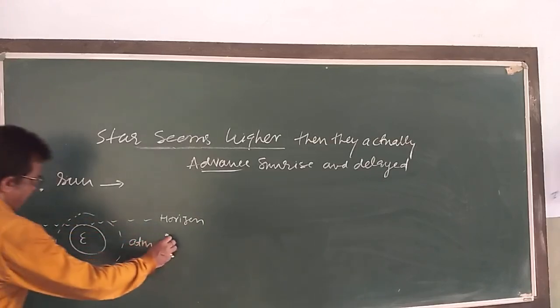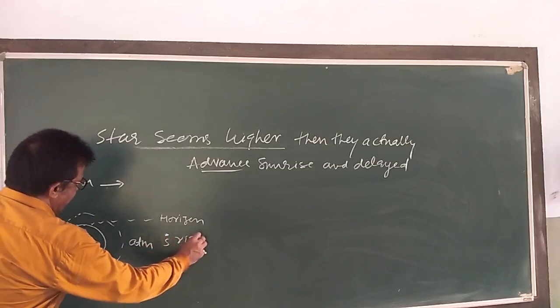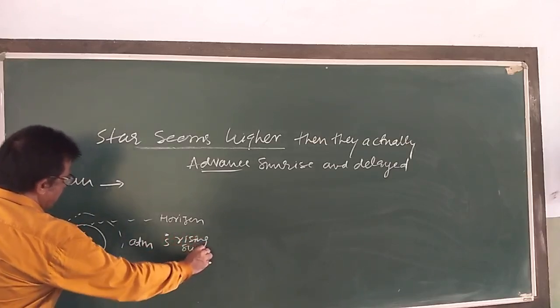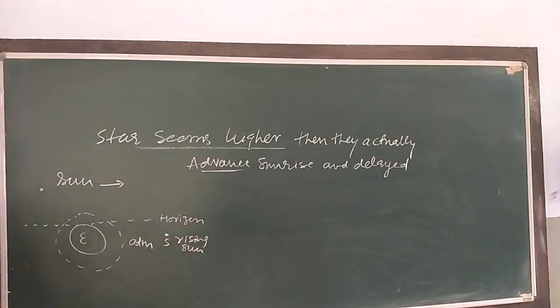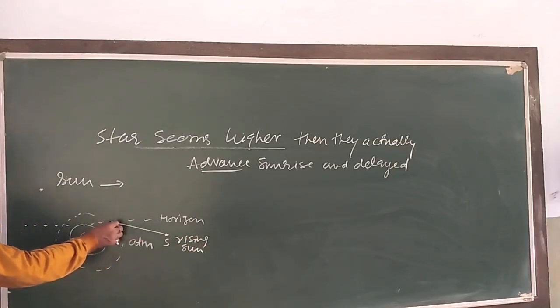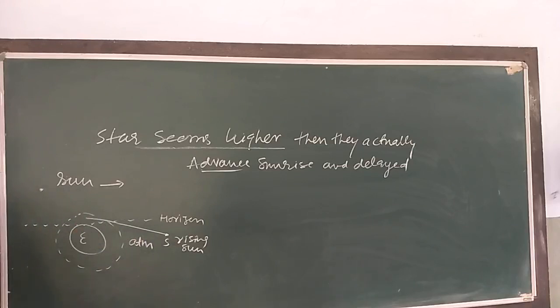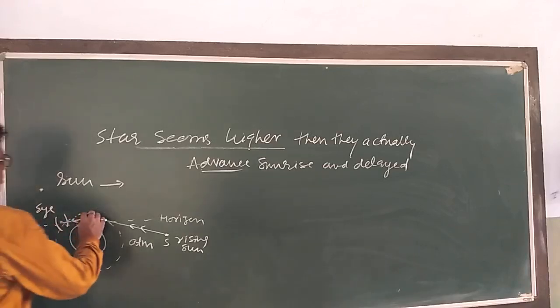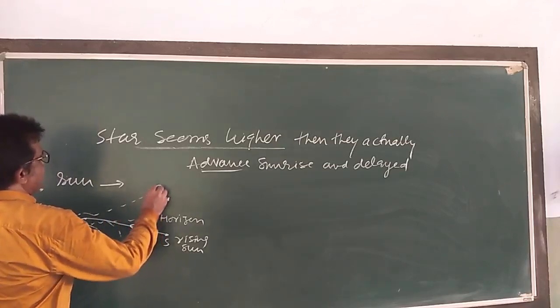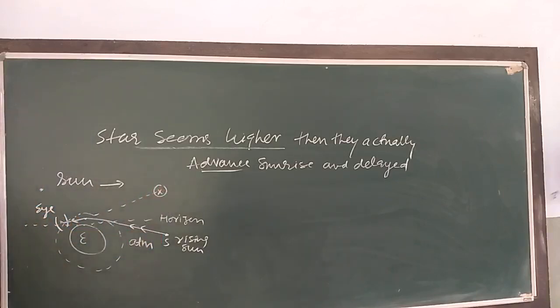The light is coming in this manner and gets refracted here. Here is the observer's eye. When it is produced back, this is the apparent position of the sun.